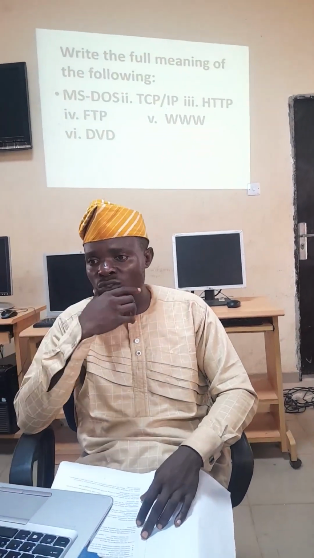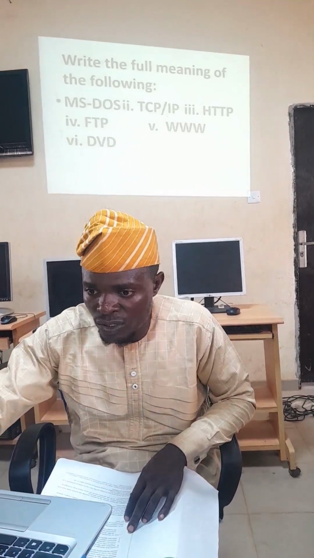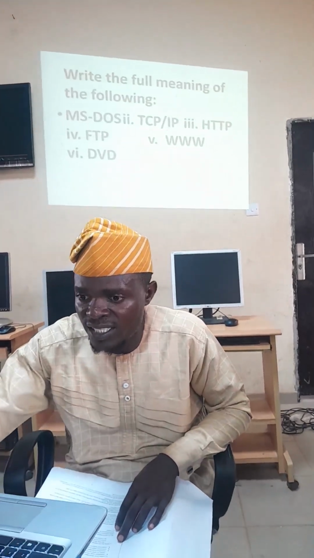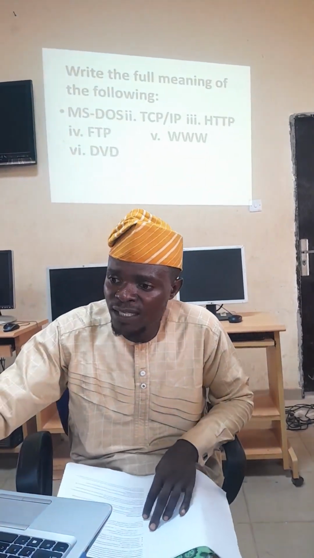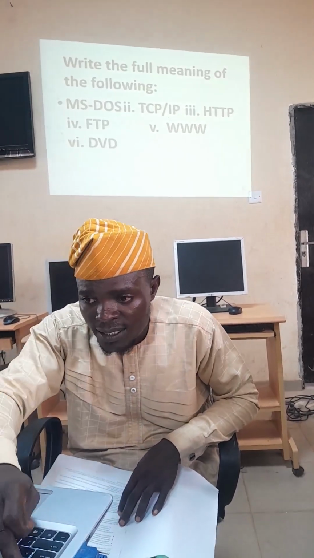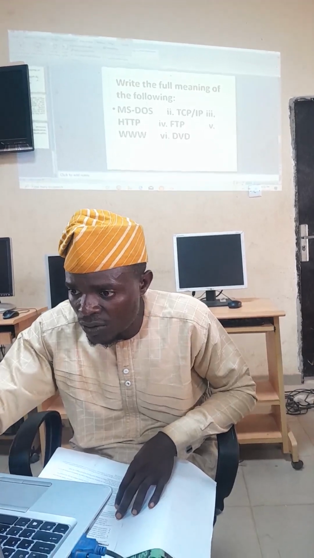Now the next thing is to find the full meaning to the following: MS-DOS, TCP/IP, HTTP, FTP, WWW, and DVD. I don't think I need to give us this. We can always find the meaning to this. We can also always do that on our own.